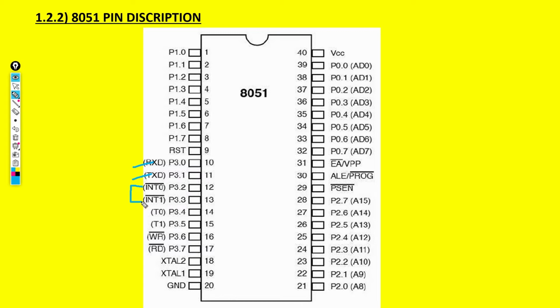It has two external interrupts present in it. T0 and T1 are timers, and there is one write function and one read function. So this is not a normal input output port. It has various other functions such as receiving data, transmitting data, two interrupts, two timers, and read and write functions.